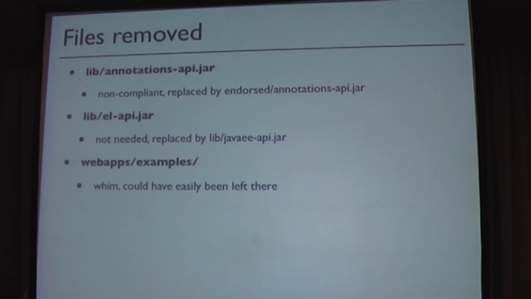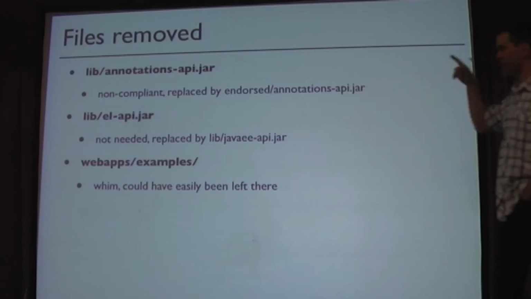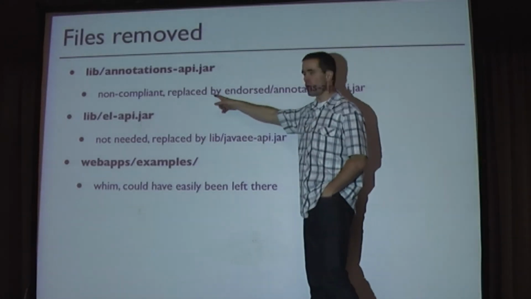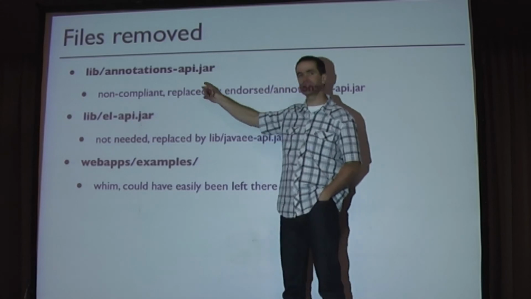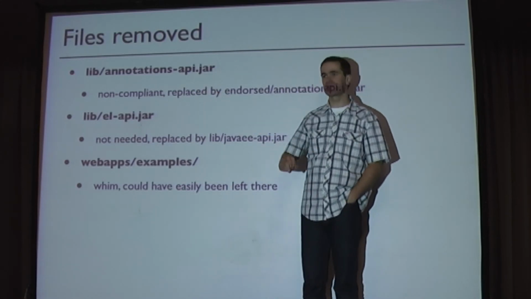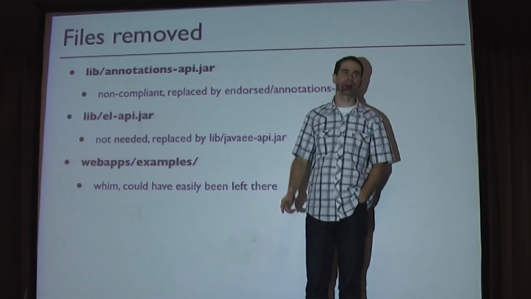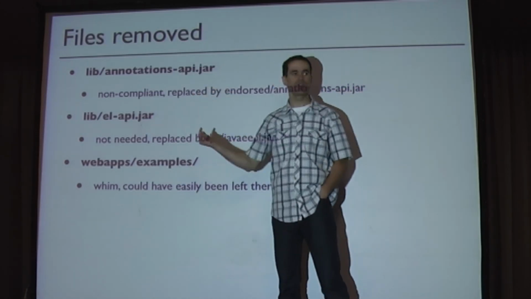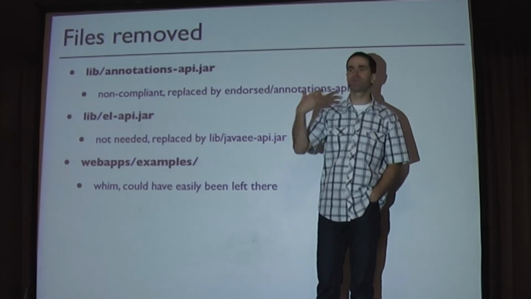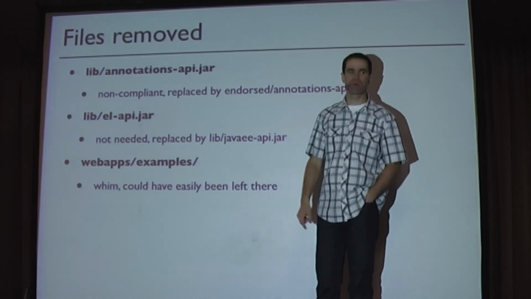It's optional. What we removed and replaced with more compliant jars is the annotation API. It's incomplete, so we just remove it from Tomcat, because Tomcat doesn't care about being more complete as far as annotations go. They provided as little as possible.